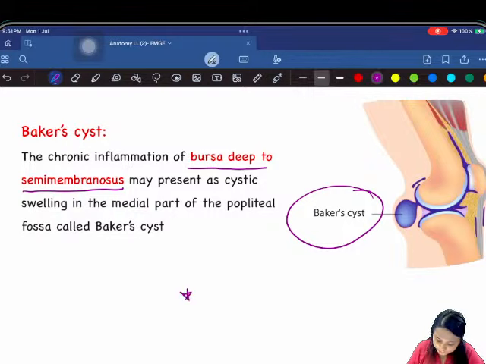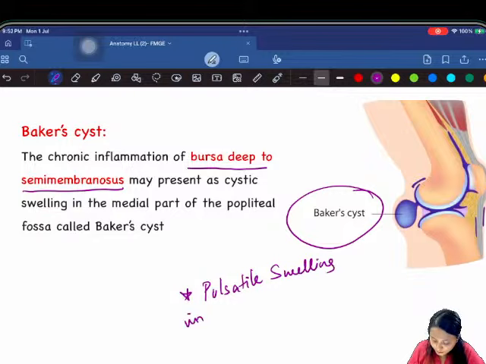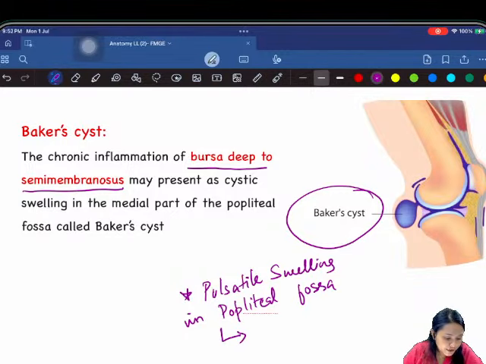okay, pulsatile swelling in popliteal fossa, then what is the diagnosis? Anybody in the chat? Pulsatile swelling in the popliteal fossa, उसका diagnosis क्या होगा?